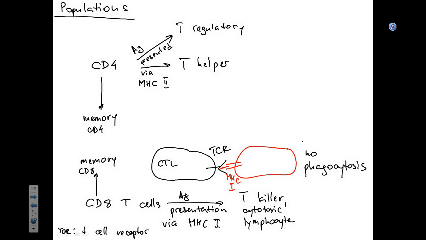Okay? So the cytotoxic lymphocyte can cause apoptosis using 2 different ways. One is by interaction between Fas ligand and Fas receptor.